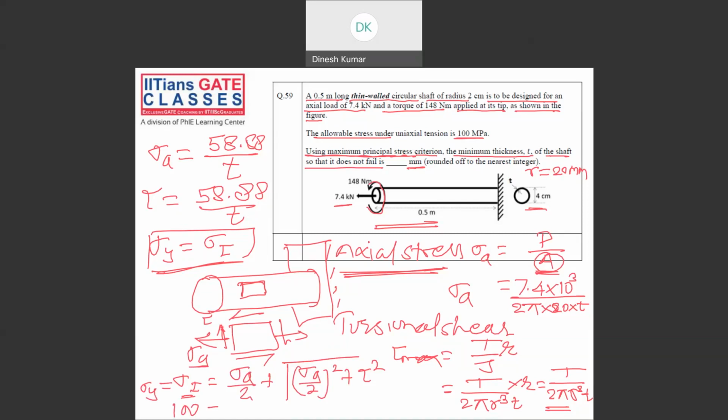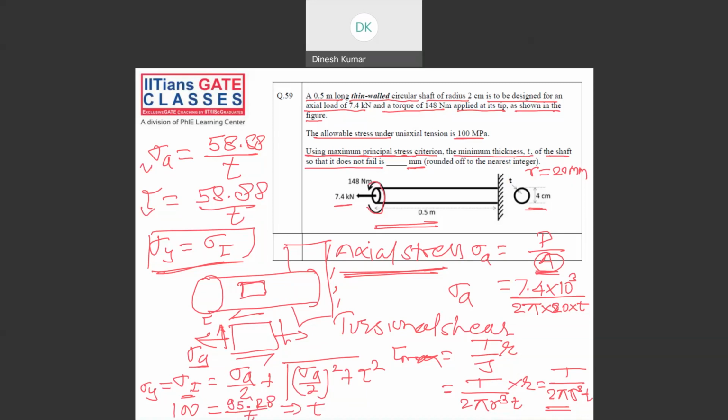So if you solve this, after substituting the values of sigma A and tau, you will be getting 95.28 by T.